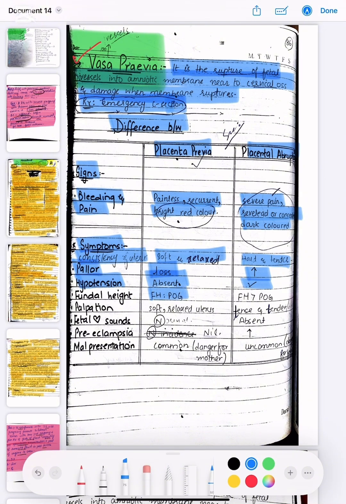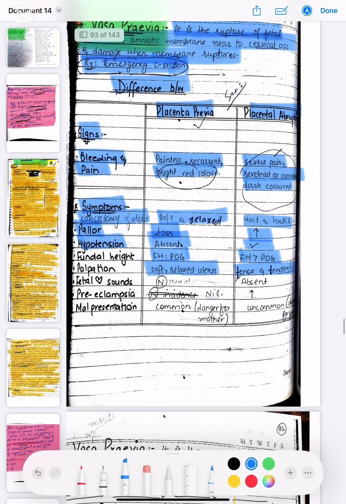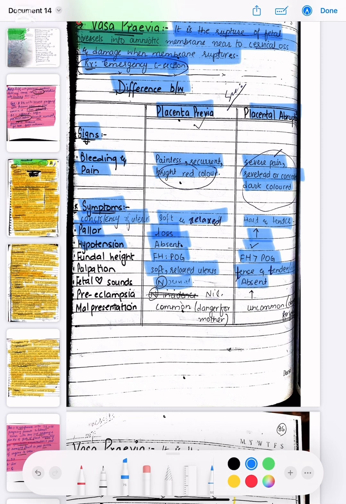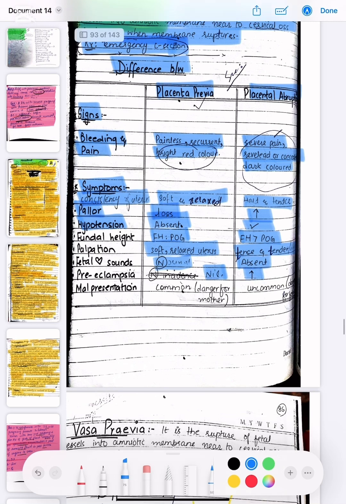Fundal height is the same as POG in placenta previa, and in placental abruption it is greater than POG. In placenta previa, on palpation a soft and relaxed uterus is present, while in placental abruption a tense and tender uterus is present. The fetal heart sounds are normal, while in placental abruption fetal heart sounds are absent. Preeclampsia is nil in placenta previa, while in placental abruption it is present.